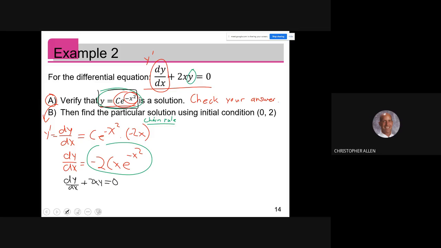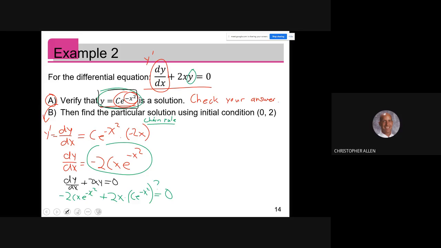So let's go ahead and do our substitution. Here is our dy dx, so that'd be negative 2c x e to the negative x squared. And then plus 2x times whatever y is, which is c e to the negative x squared.